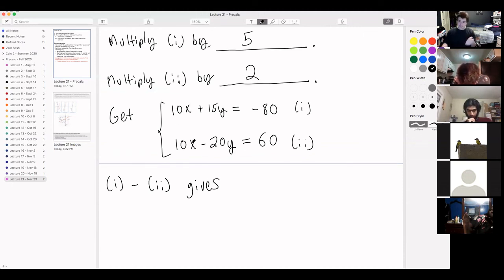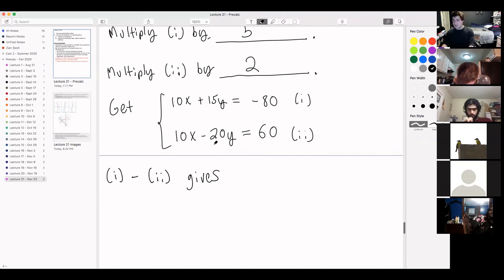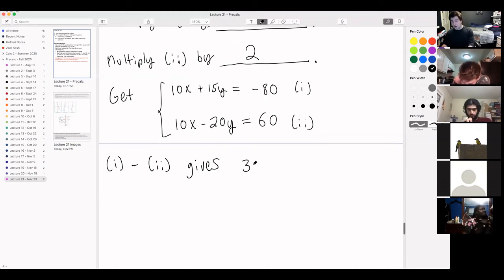Well, we rigged it so that would happen. Now I need to do 15y minus negative 20y, which is the same as 15y plus 20y. That's 35y. Now I'll do negative 80 minus 60. That's negative 140.